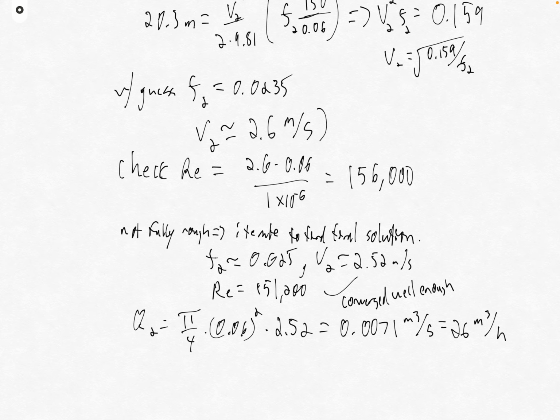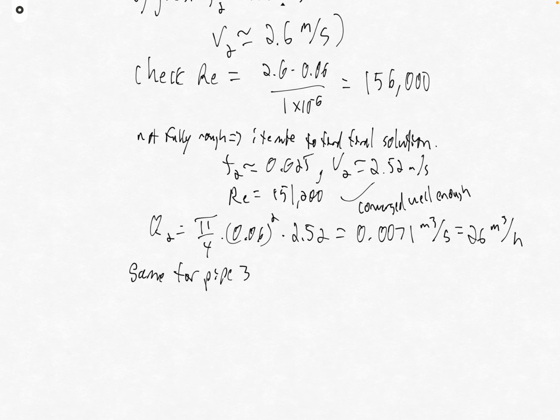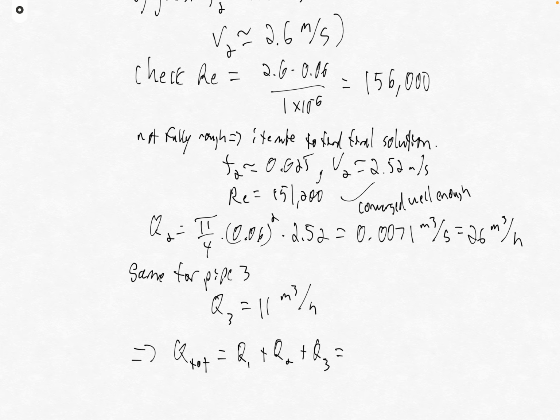And we can do the same for pipe 3. We'll end up with Q3 equal to 11 meters cubed per hour, and therefore our total Q is equal to Q1 plus Q2 plus Q3.